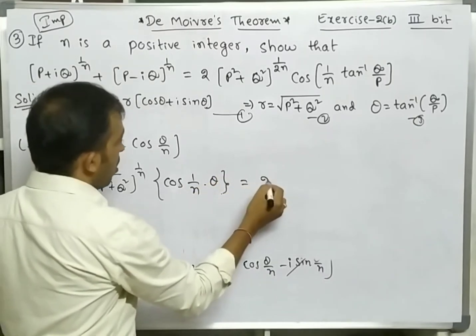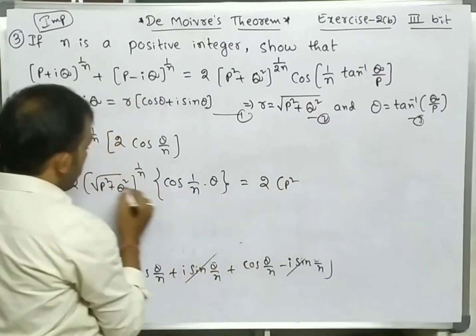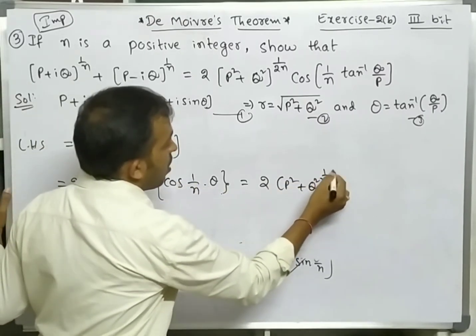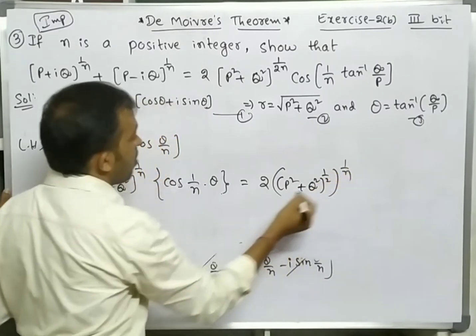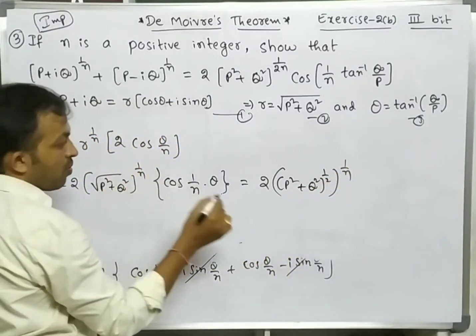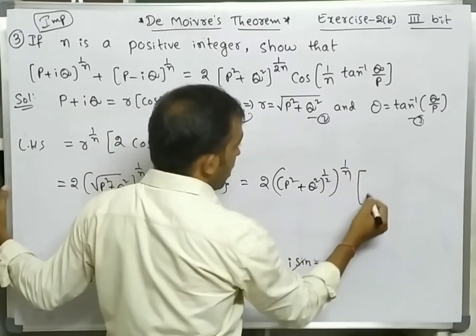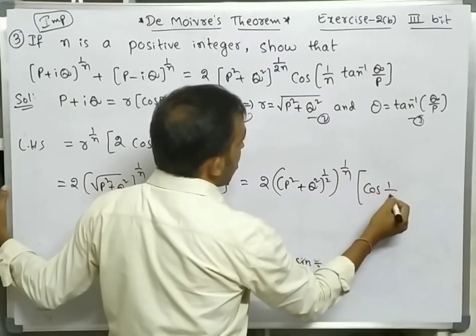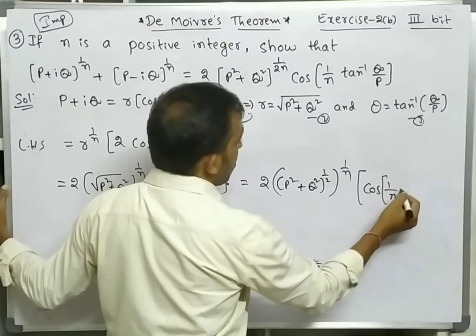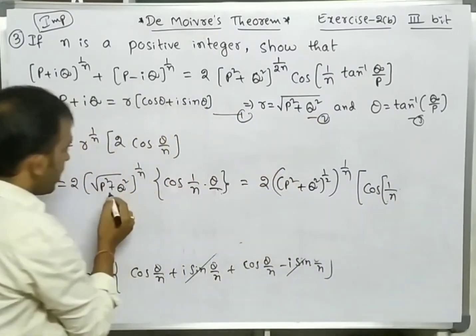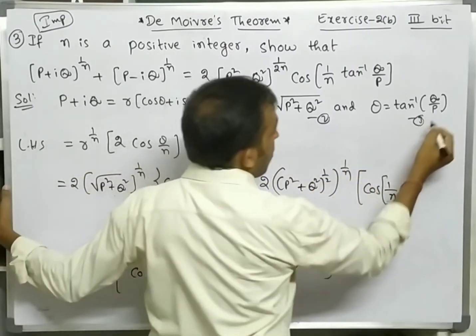Okay, so now 2 into root p square plus q square is nothing but p square plus q square power 1 by 2 whole power 1 by n, into cos of 1 by n into theta. Here we substituted the r, and what is theta value?